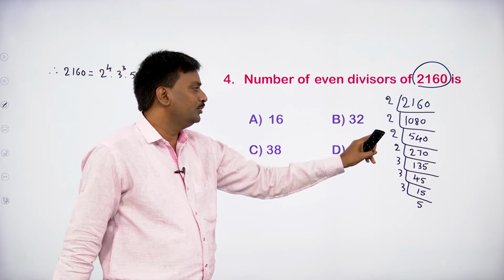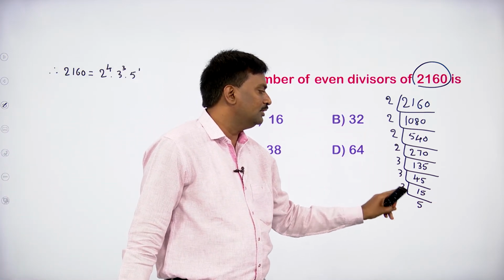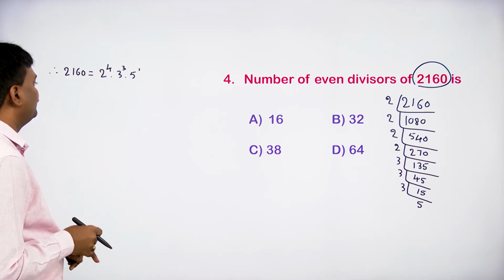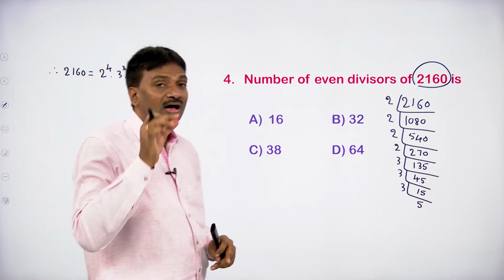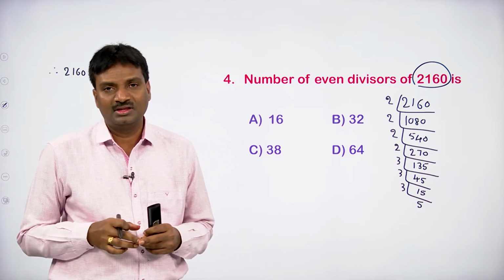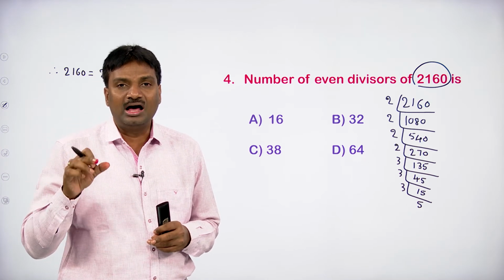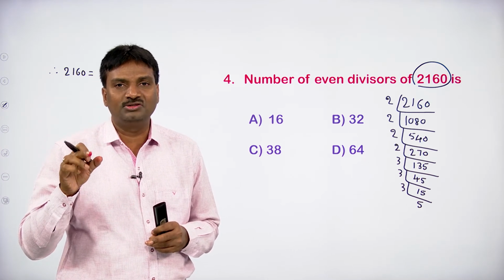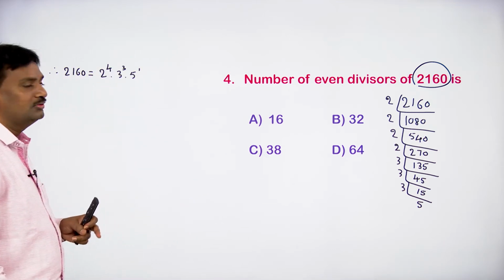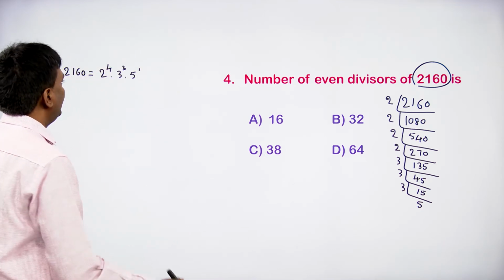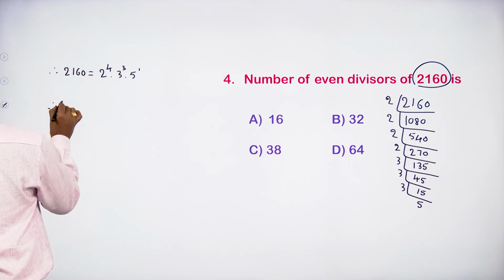So here we have to find the number of even divisors only. The number of even divisors formula is alpha 1 into alpha 2 plus 1 into alpha 3 plus 1, and so on. Here we have 3 numbers, alpha 1 equal to 4, alpha 2 equal to 3 and alpha 3 equal to 1.